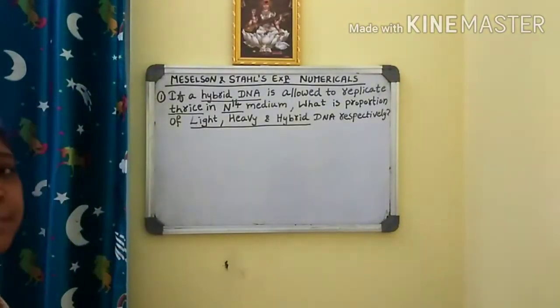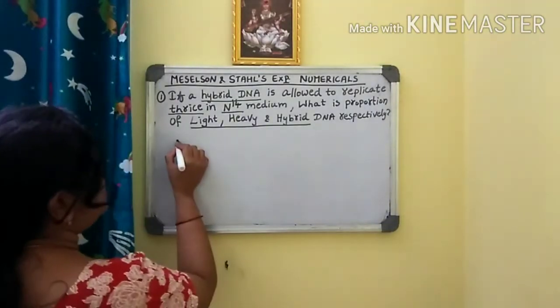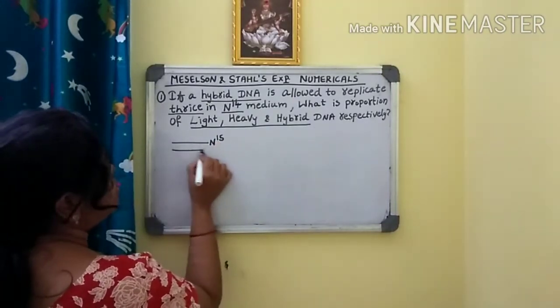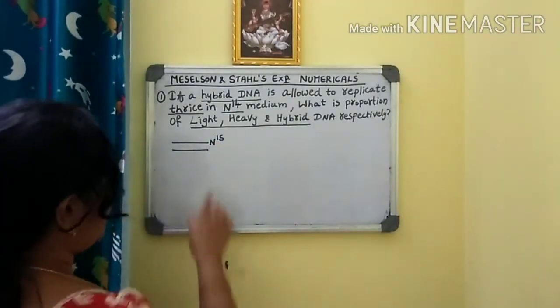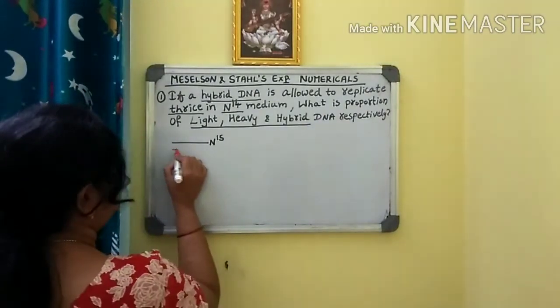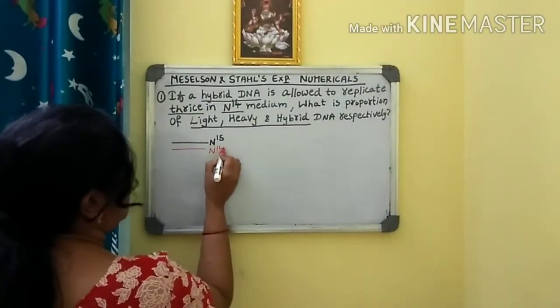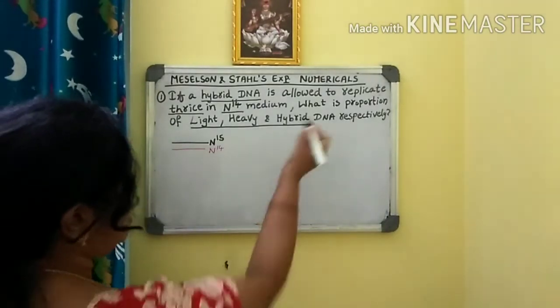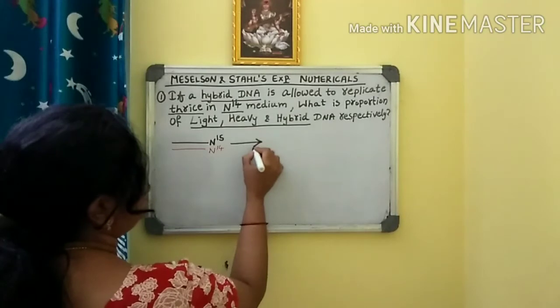So what is a hybrid DNA? Hybrid DNA is a DNA in which one strand is of heavy isotope and another strand is of normal isotope. So this is nothing but hybrid DNA, and they said that it is allowed to replicate thrice.